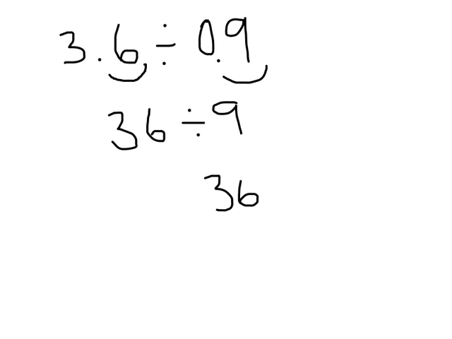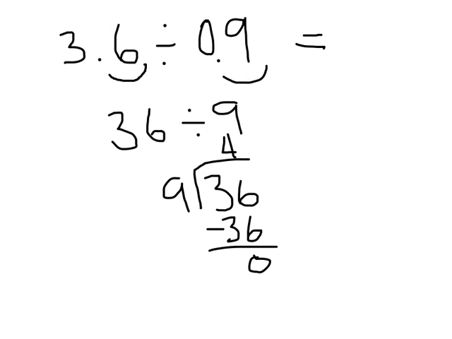When I divide 36 divided by 9, what do I get? Well, 36 divided by 9 is 4. 9 times 4 is 36 with none left over. So 3 6/10 divided by 9/10 is the same as just plain 4.